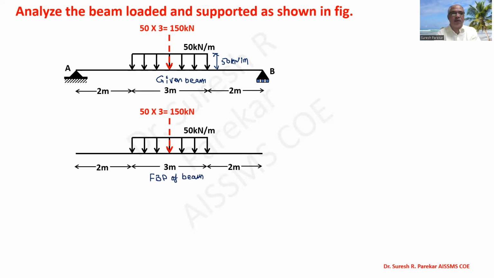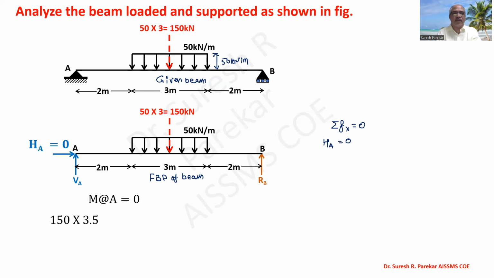Again we have two reactions at support A and one at support B. Then we use summation Fx equal to 0, and we get the value of HA equal to 0 again. Then we go moment about A. We have 150 into 3.5, because as it is a rectangle, our total load will act at the center.